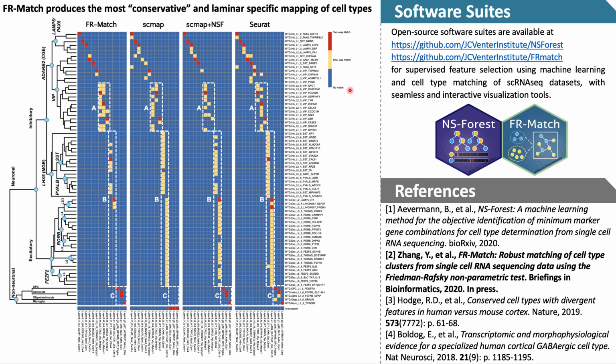The other methods produce matching results that have more sparsely distributed VIP types, as shown in box A, or not lamina-specific matchings, as shown in box B. And among these approaches, the glial cells in box C were mapped somewhat differently. That is probably due to their overall low sampling and distinct phenotype compared to the majority of the GABAergic and glutamatergic neurons.